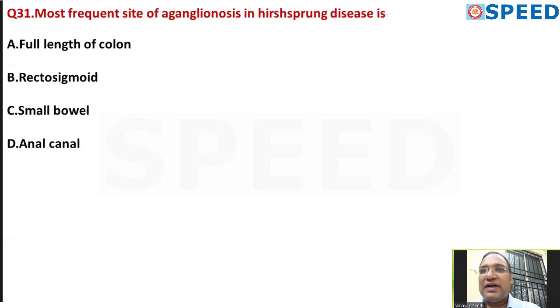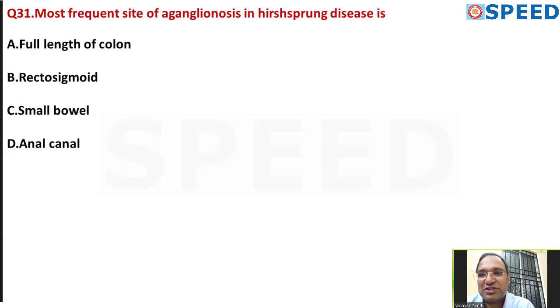Most frequent site of aganglionosis of Hirschsprung disease. So the Hirschsprung disease, this is definite. Again, the answer remains the same. Most frequent site of aganglionosis, or most preferred site?